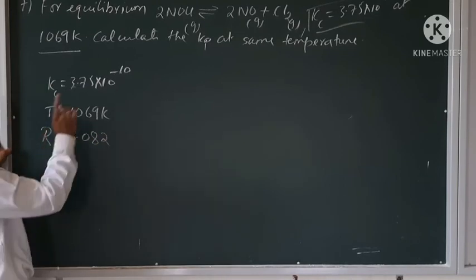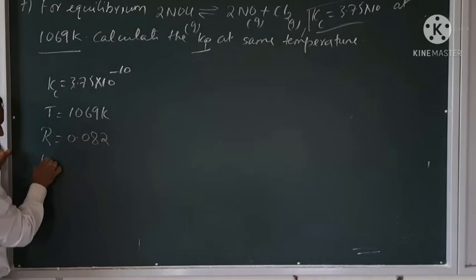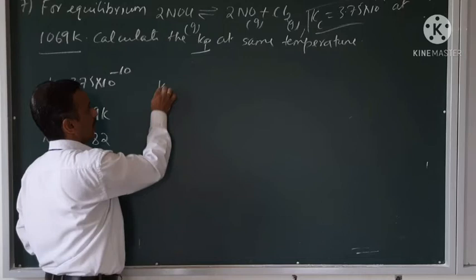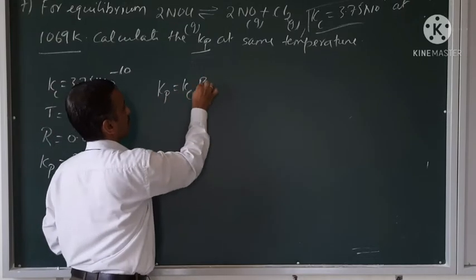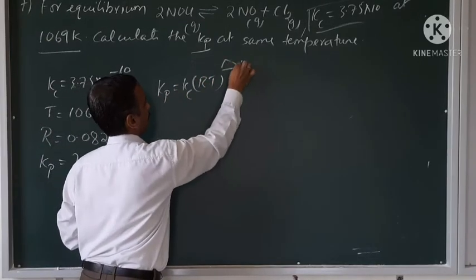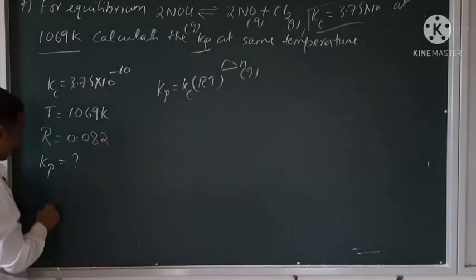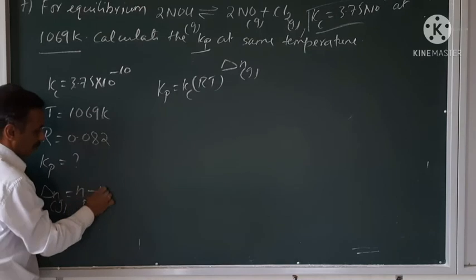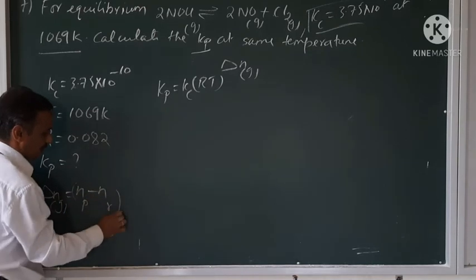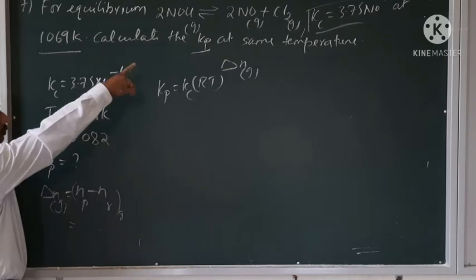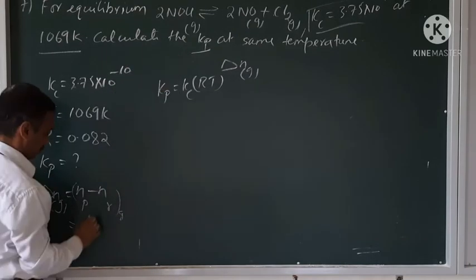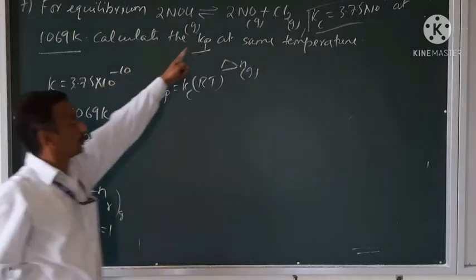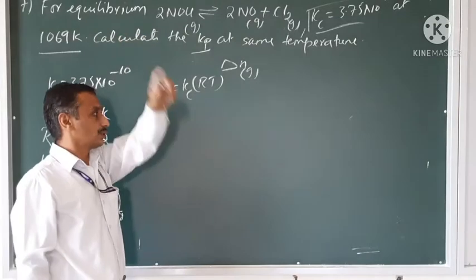Then calculate the Kp. So the formula is Kp is equal to Kc into RT to the power delta n gas. So delta n of the gas is n of product minus n of reactant, which are in the gaseous category. So 2 plus 1, 3, minus 2, which is equal to 1 only.